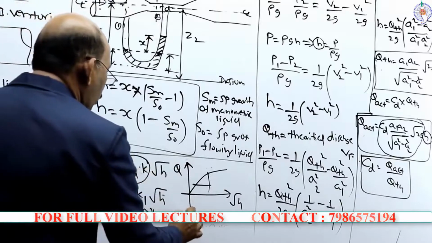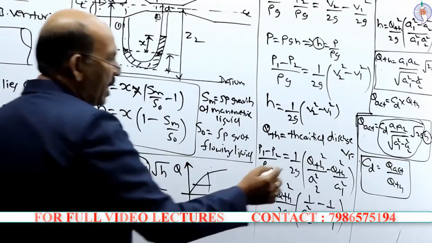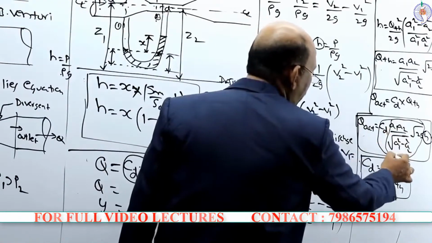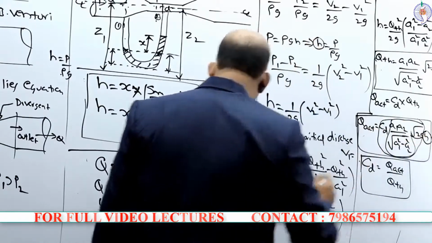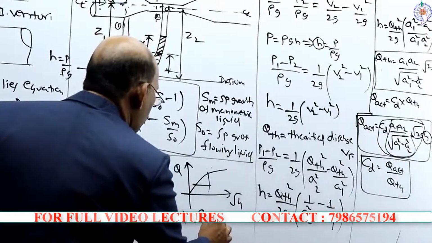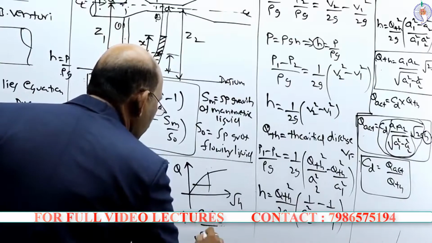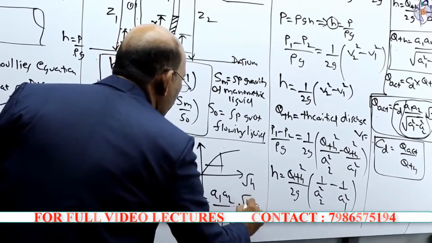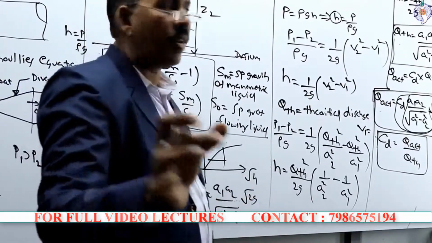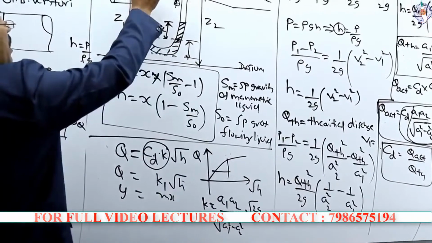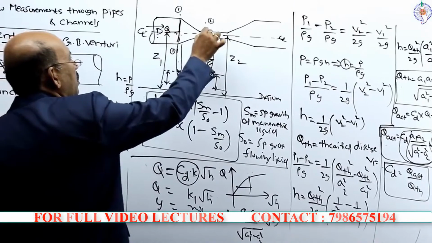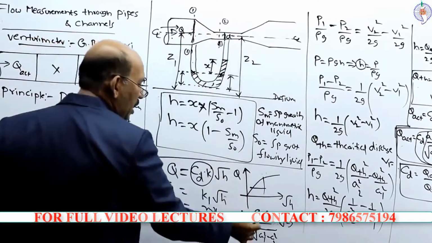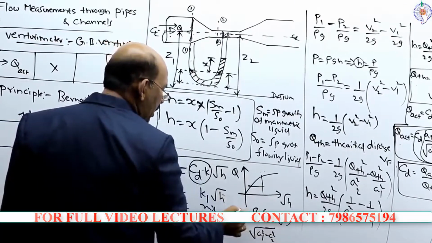So this K value, as I mentioned, is a constant. This entire value, that is A1 A2 divided by square root of A1 square minus A2 square into root 2g. The A1, A2 diameters are fixed here, the throat and the inlet diameter, and g is the acceleration.